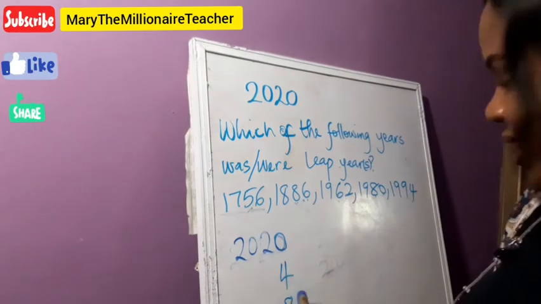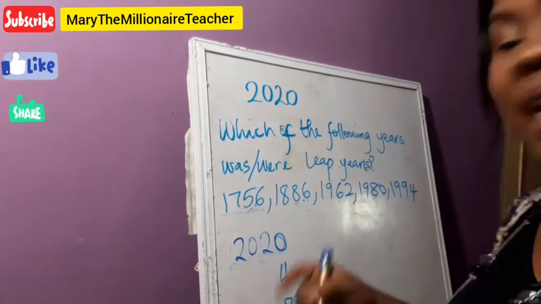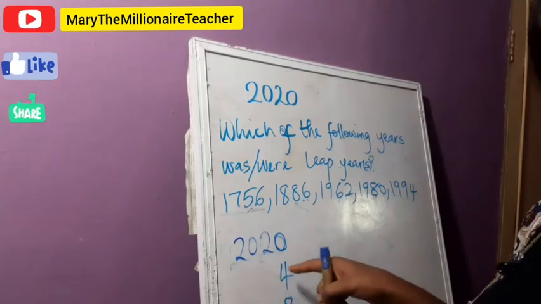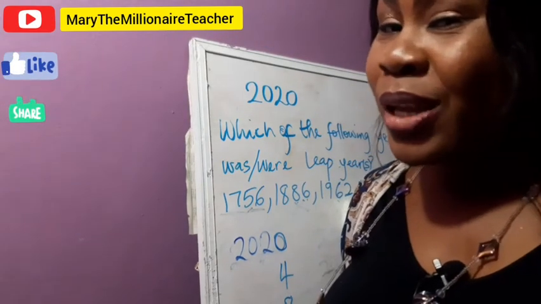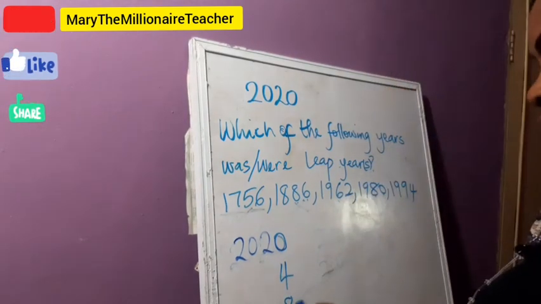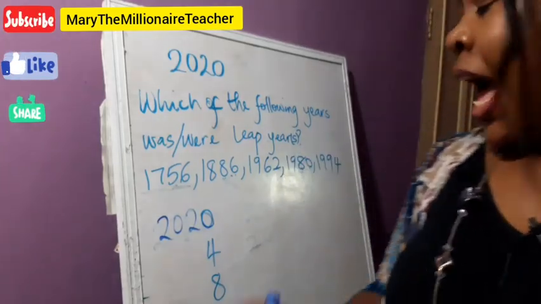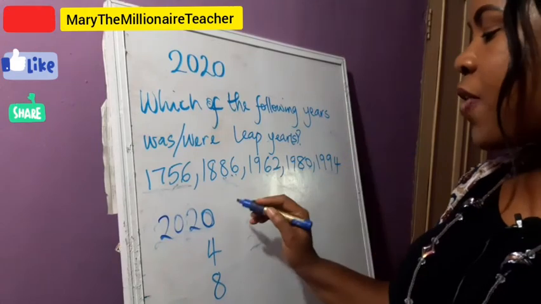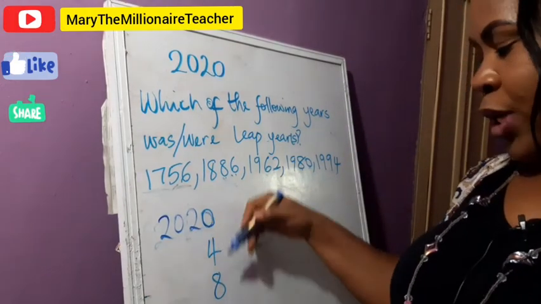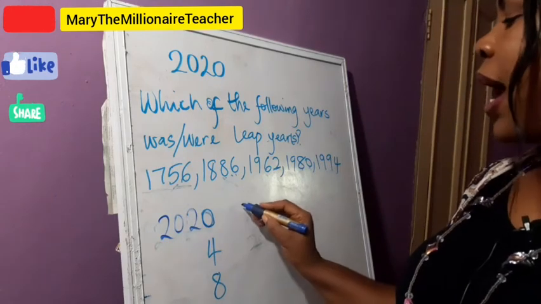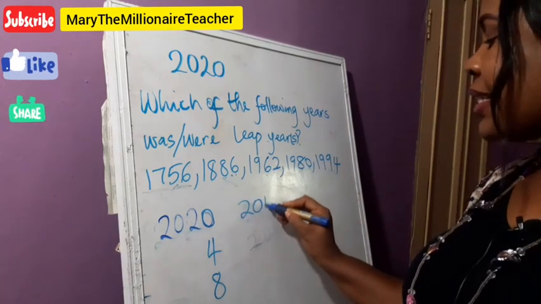So now let's look at it. We have 2020. The next leap year will be 2024. And the next leap year after 2024 will be 2028. Now let's count backwards from 2020. We would have 2016.